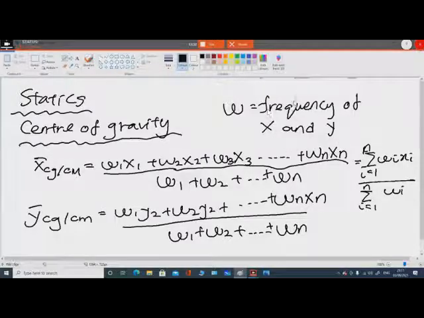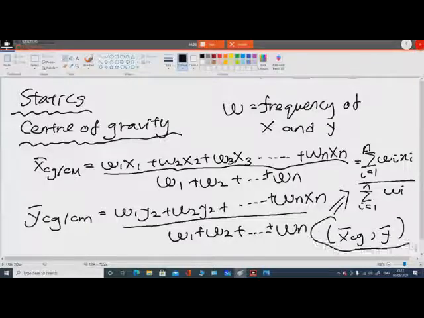So I apologize for my mistake, and the mean y is also the same. So this is how we use the calculation method to determine the center of gravity or the center of mass. Of course the center of gravity is equal to mean x and mean y. So this is the coordinate for the center of gravity.